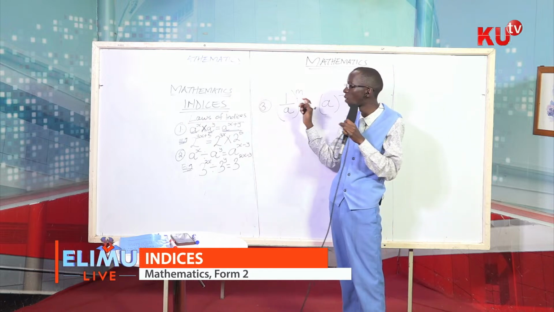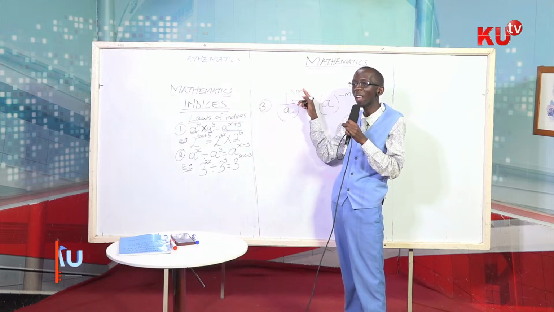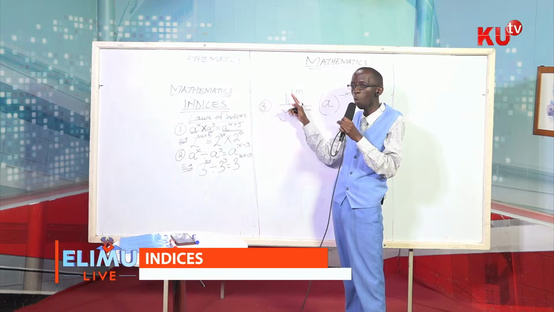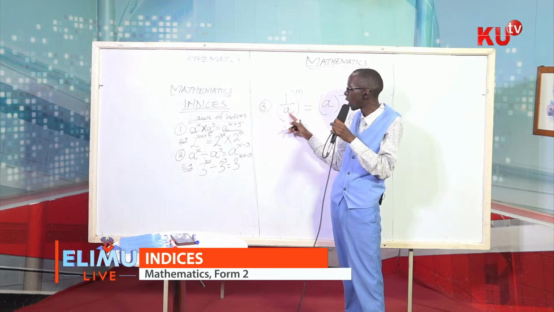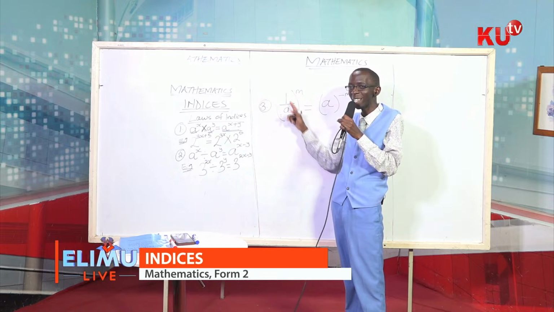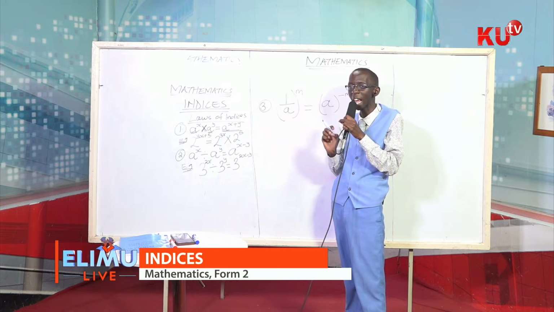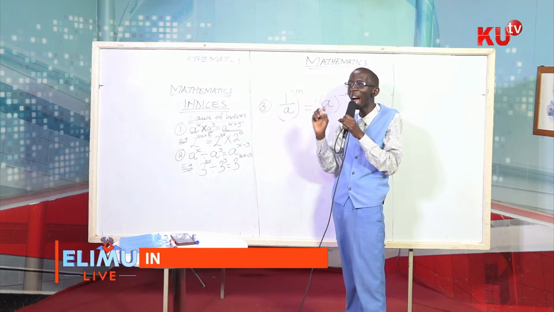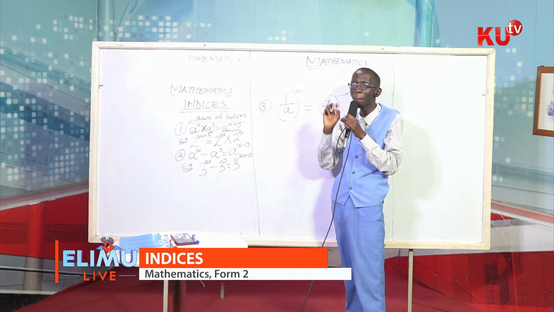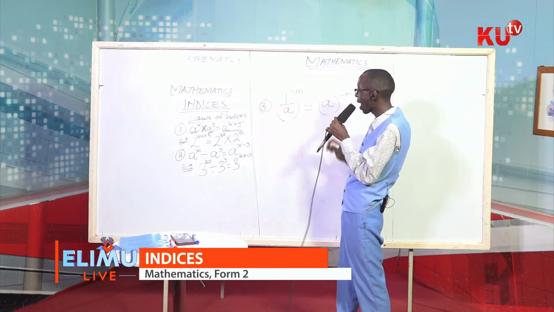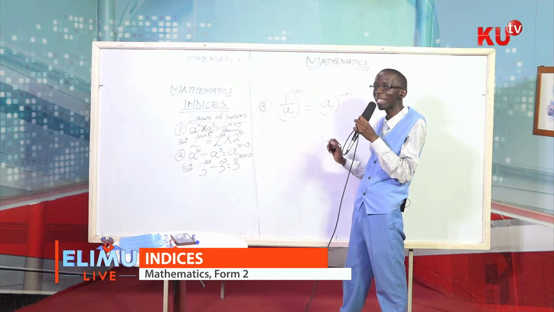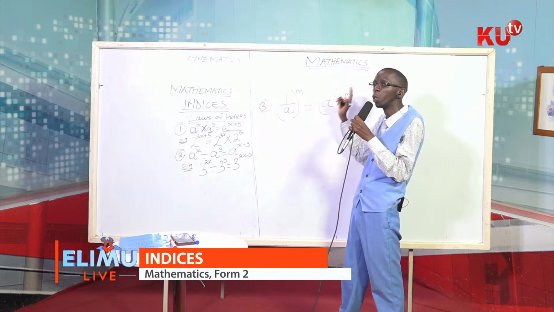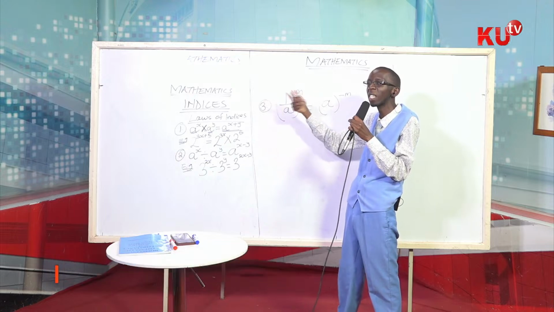If it was 1 over a certain number to a power, and you want to work out with it as a, not 1 over a, for simpler working out, you must change the sign of the power. So 1 over a to power m is the same as a to power negative m. You change the sign of the power if you reciprocate.